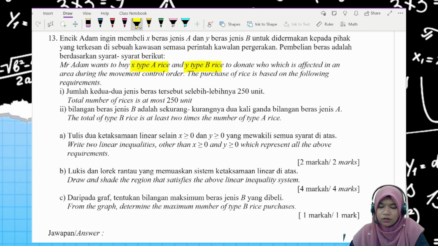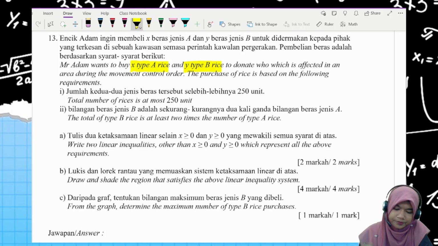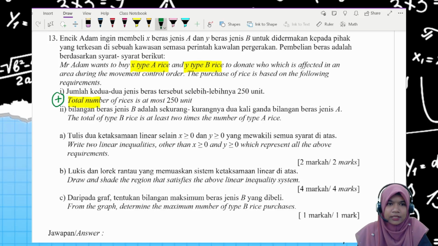The purchase of rice is based on the following requirements. So now you have 2 requirements here. The total number, again about the total number, so it involves addition.